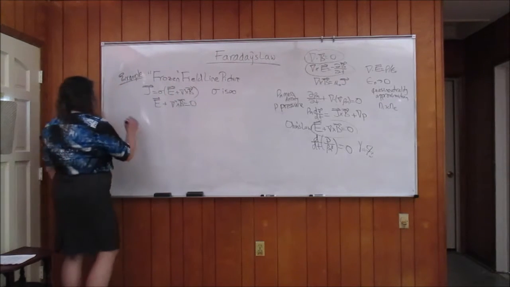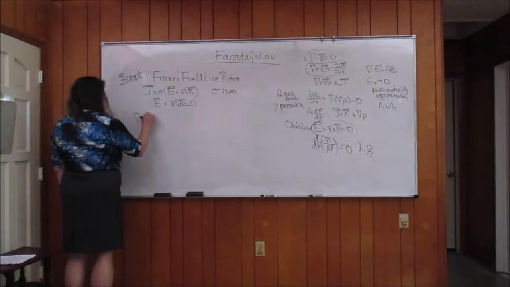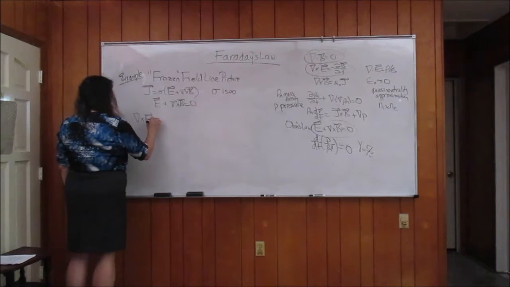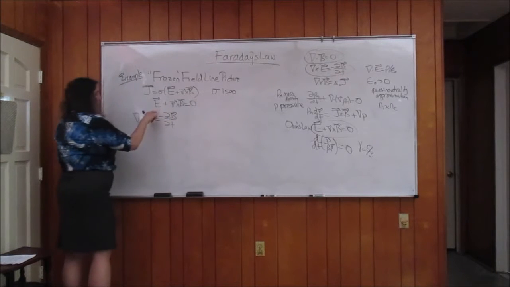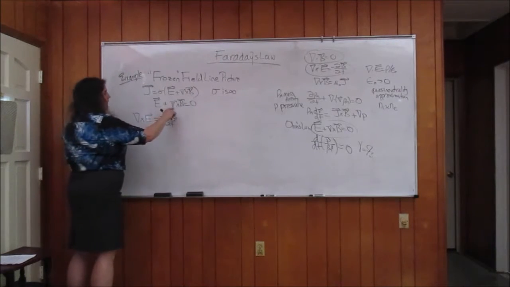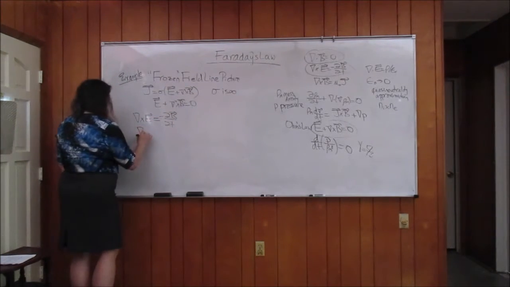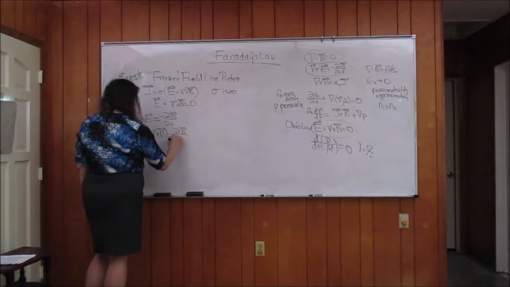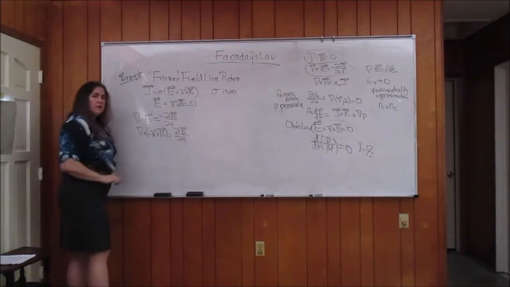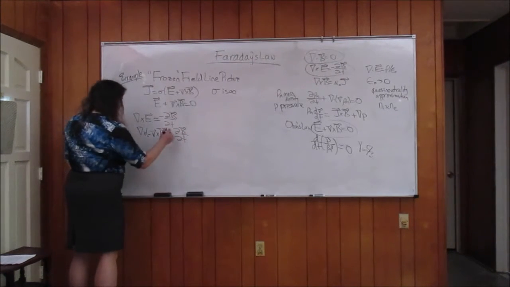Now let's look at Faraday's law. I can make the substitution for the electric field, that's equal to minus v cross B, which is equal to the partial derivative of the magnetic field with respect to time, actually minus.